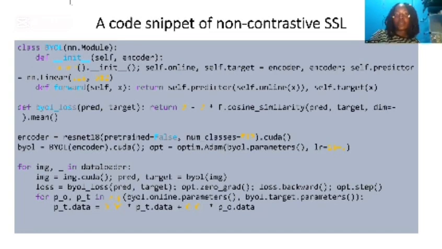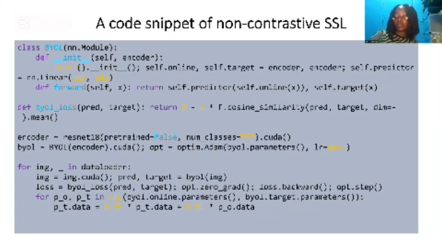Here, as you can see, we have the predictions and targets, then return the cosine similarity.